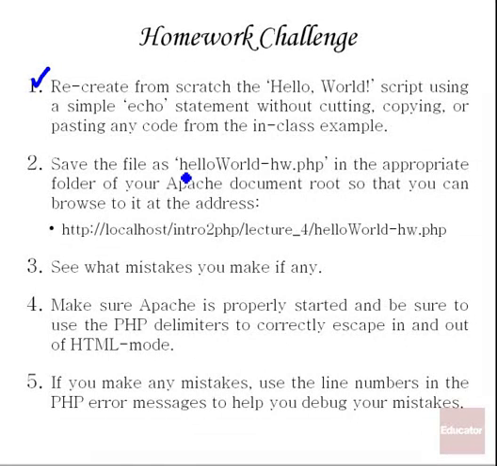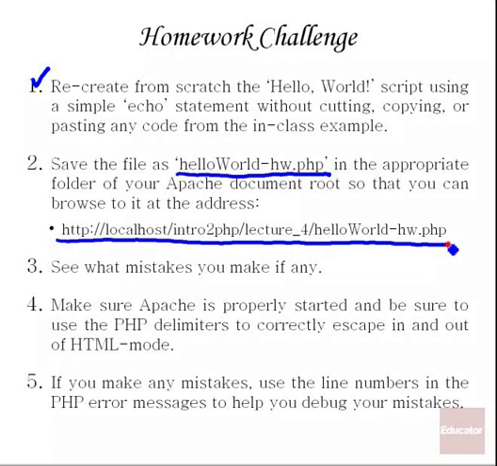Then you should save the file as helloworld.php, and I want you to save it in the appropriate folder of your Apache document root, so that you browse to it at this URL right here. The reason I'm having you do that is, again, to reinforce what we learned in the last lesson, which is learning how the local file saved on your computer within the document root, below the document root, maps to localhost URLs.